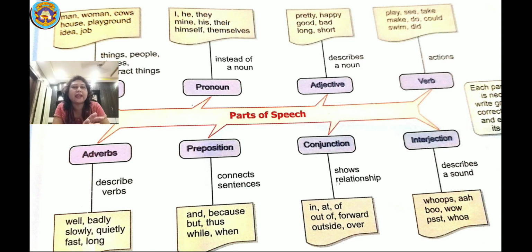Preposition, again which connects sentences: and, because, but, while, when, all this comes under preposition. Then next is conjunction which shows relationship: in, at, out, off, forward, outside, over, all this comes under conjunction. And lastly we have the interjection: whoops, ah, boo, wow. Okay, so all these are sounds, and all this falls under interjection.